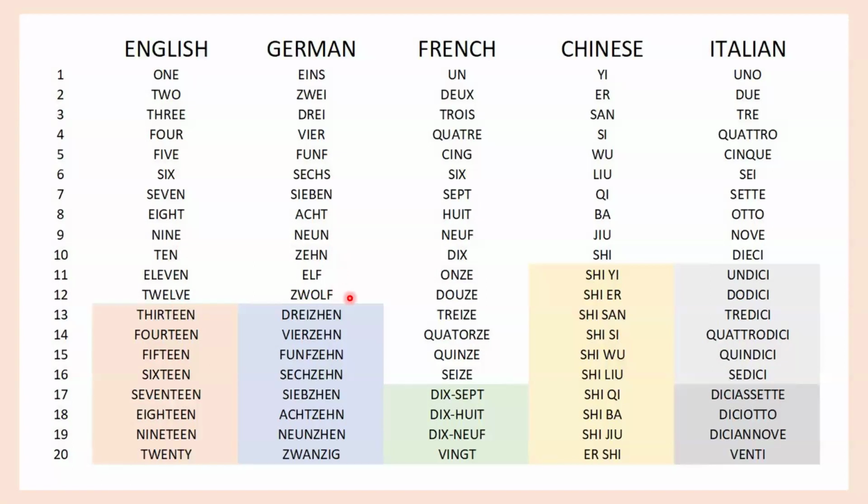I won't read it because my German's not good enough. But you can see the same unique numbers up to 12, and then from 13. French, 16 unique numbers. 1, 2, 3, 4, 5, 6, 7, 8, 9, 10, 11, 12, 13, 14, 15, 16. Then 17, 10-7, 10-8, 10-9, 20. So there is a base 16, base 12.